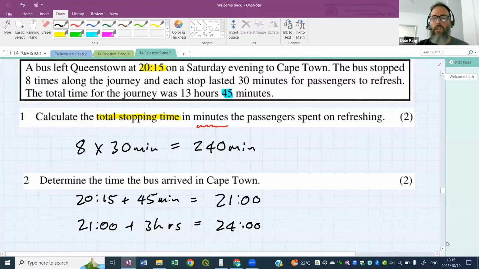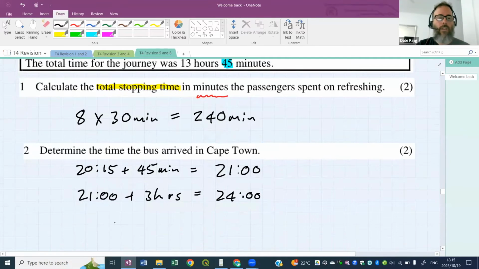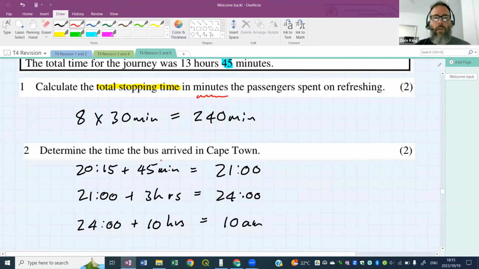We still have 10 hours left. So now we're going to add on 10 hours, and this will take us to 10 a.m. in the morning. Now, to check on this, we took 45 minutes, 3 hours, and 10 hours. That's 13 hours, 45 minutes. We've covered all our time. And we get to the final answer of 10 a.m.